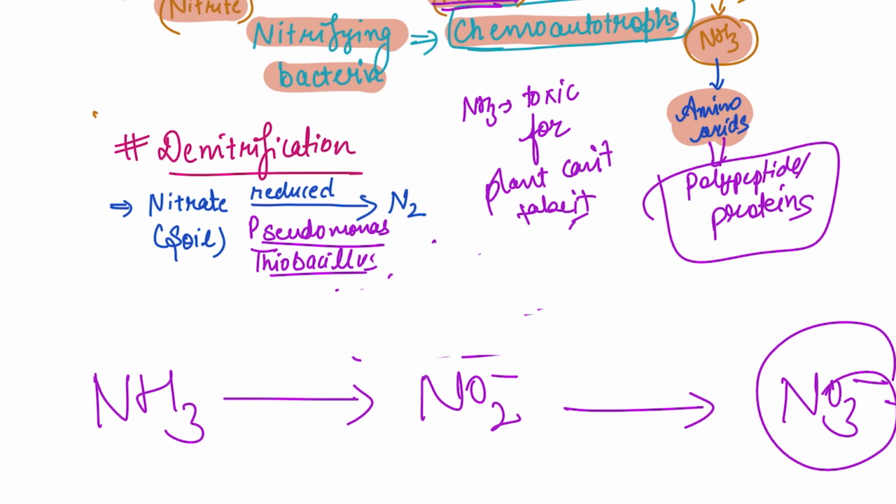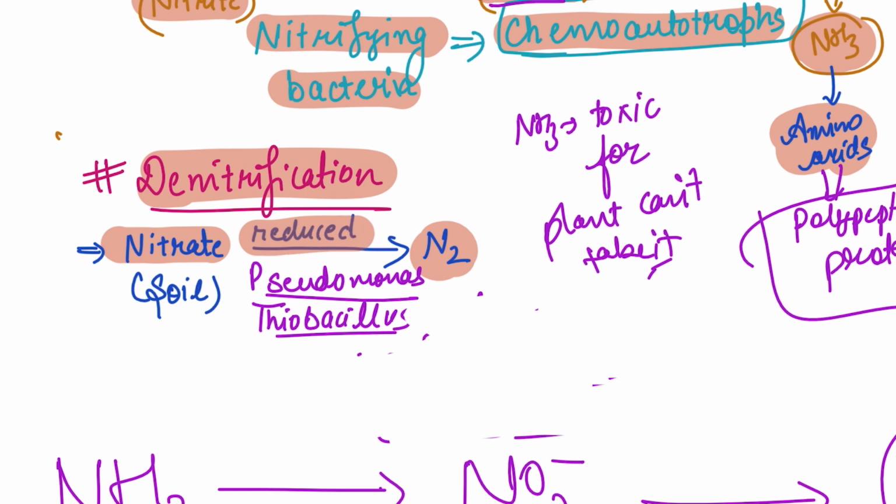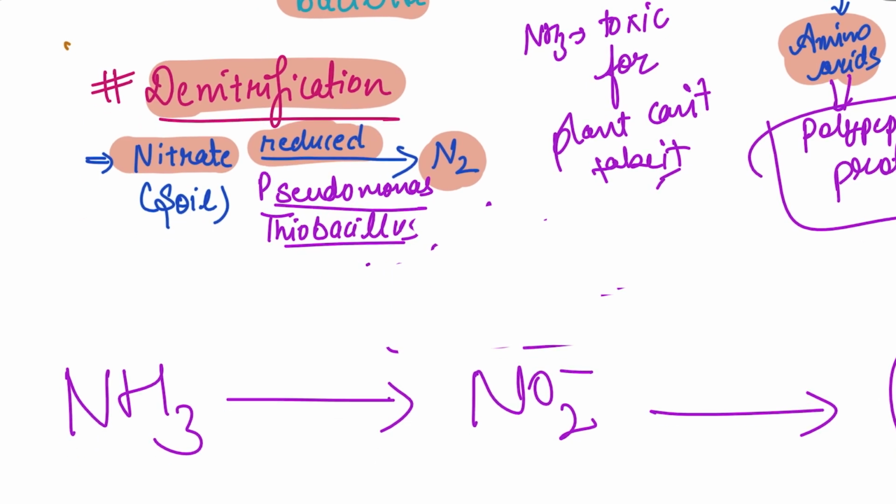And what do you mean by denitrification? Denitrification is a conversion of nitrate into nitrogen. Basically, the nitrate form is reduced, because here nitrate is NO3 negative. Oxygen is removed here.